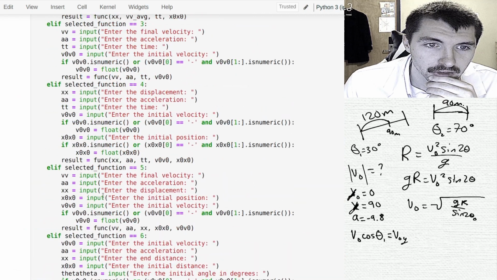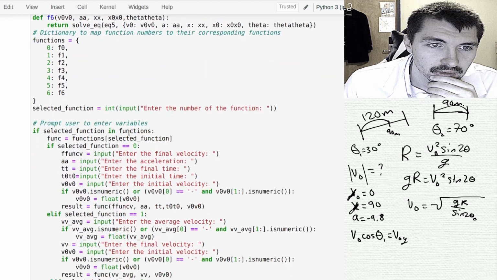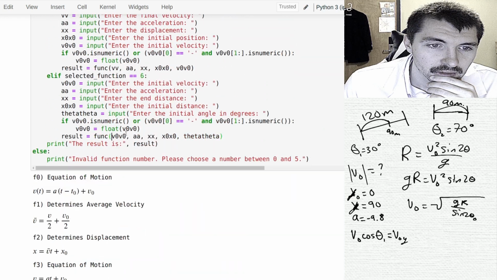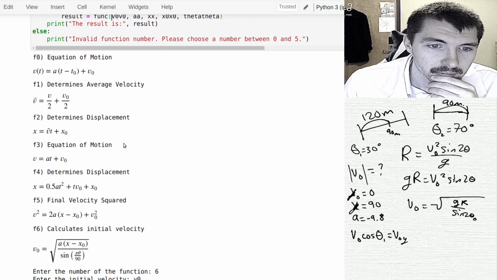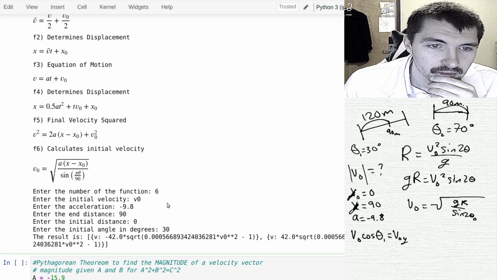I don't want V. I want V naught. Function 6, V naught. Okay, so where are we getting the V from?